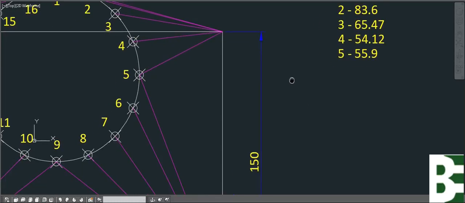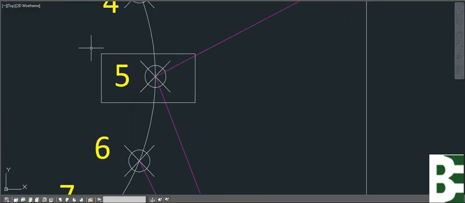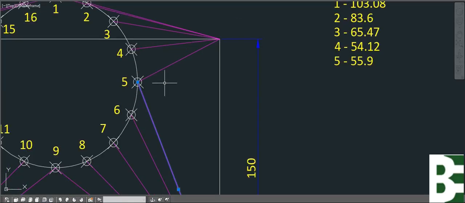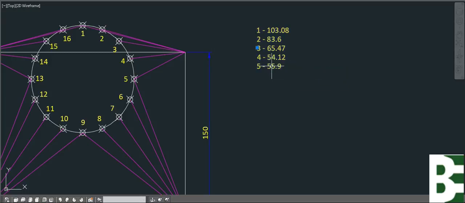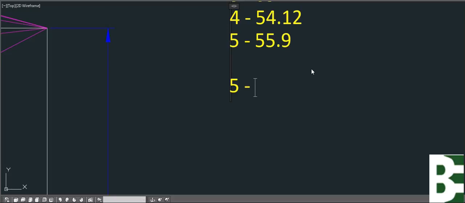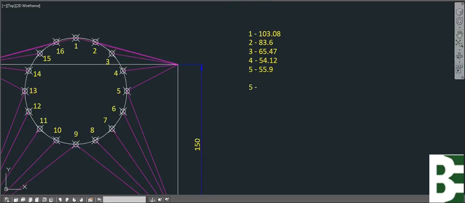Now remove all the dimensions because we need new dimensions for other points. But you can see this number 5 is touching both corners, this line and this line. Now I came from clockwise, then number 5 I will add 2 times because it's touching both corners.